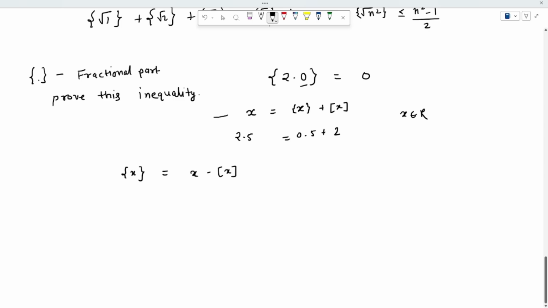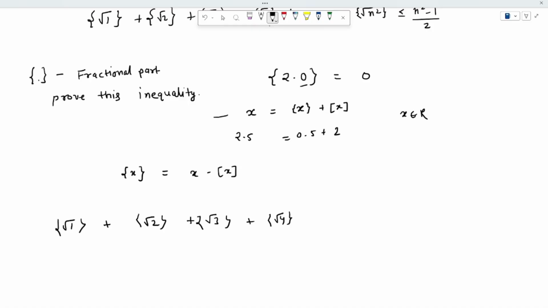Here we have square root of 1, square root of 2, square root of 3, square root of 4, each inside the greatest integer function and the fractional part.